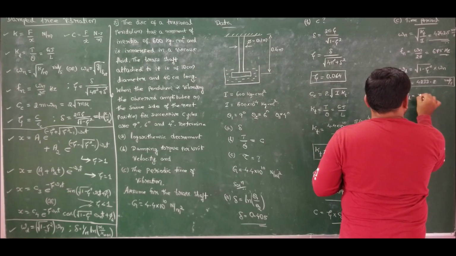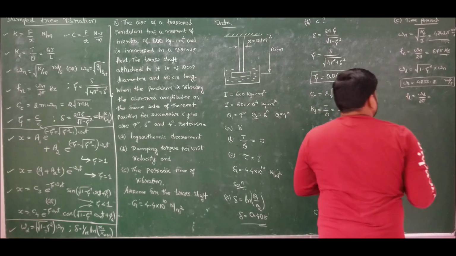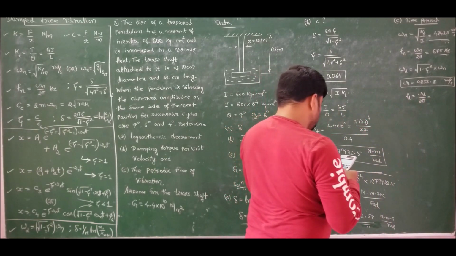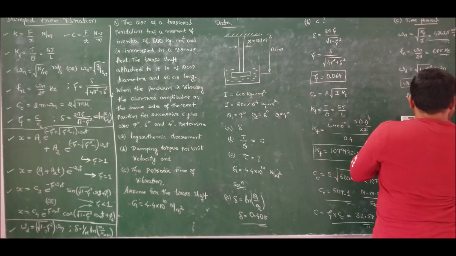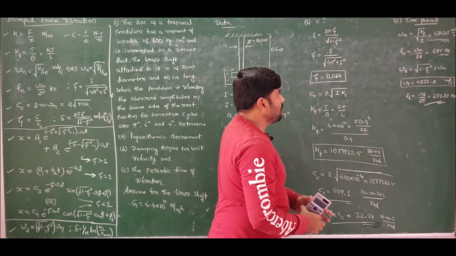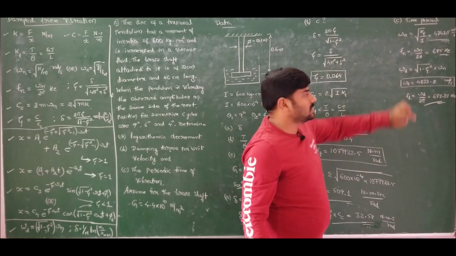Hence Fd, which is omega d by 2 pi in terms of hertz, this should be divided by 2 into pi, which is 673.83 hertz. 673.83 hertz is the damped natural frequency, whereas 675 is undamped natural frequency.